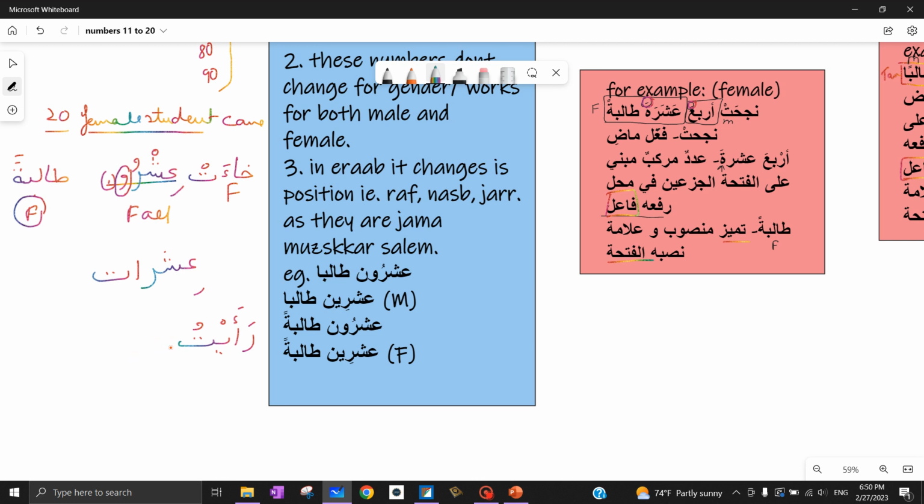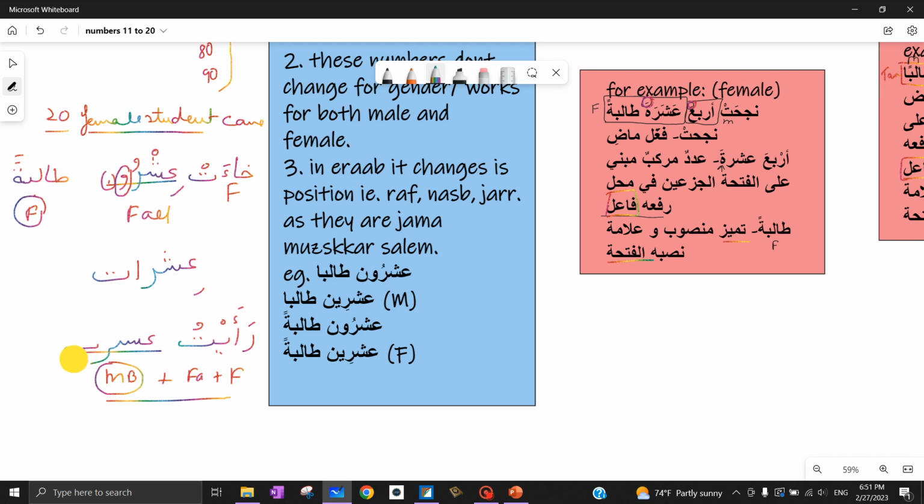So what will be? Now we have fa'il plus fa'il. The two damir is fa'il. So now the thing coming here will be in maf'ul bihi, right? According to the formula, we will put the number name Ishruna here. Now it is in maf'ul bihi case, so it will be Jama Muzakkar Salim in nasb case.